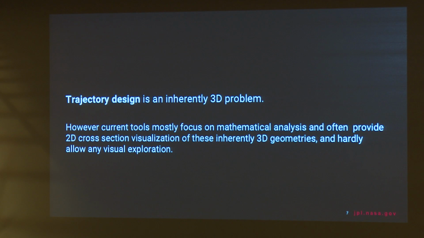However, current tools mostly focus on mathematical analysis and often provide 2D cross-section visualizations, which make it very hard to understand the 3D geometries, or hardly allow any visual exploration. You just do your analysis, look at a static image, go back, do your analysis, and look at another static image.